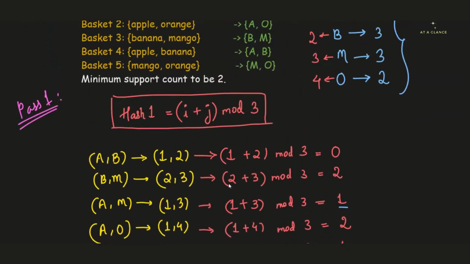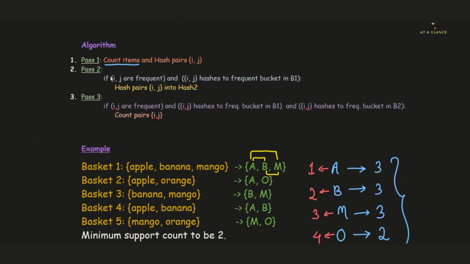Now let's move on to pass 2. Inside the algorithm, in pass 2, we'll have to look at two conditions. The first condition is that for the pairs we are going to look for, each item in that pair has to be frequent. And the second condition says that whatever pair we are talking about, it has to be hashed to a frequent bucket.